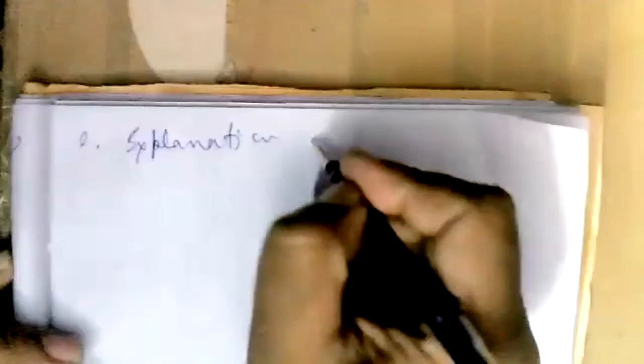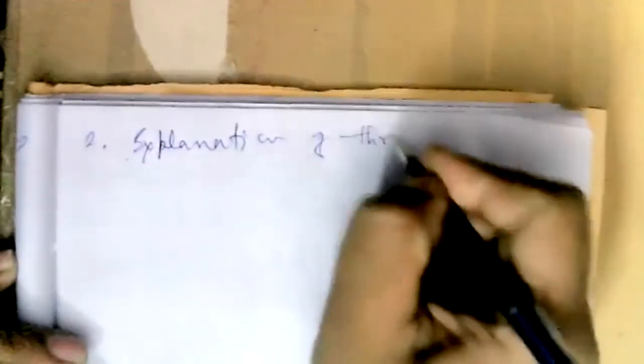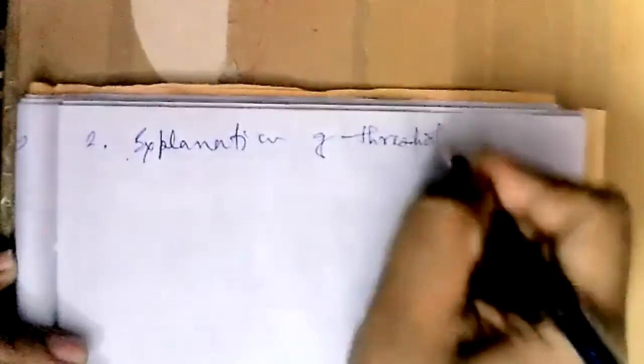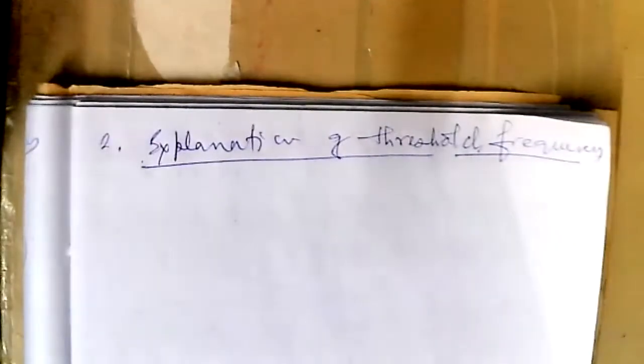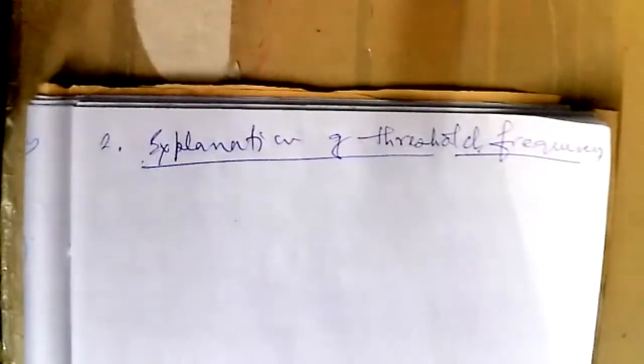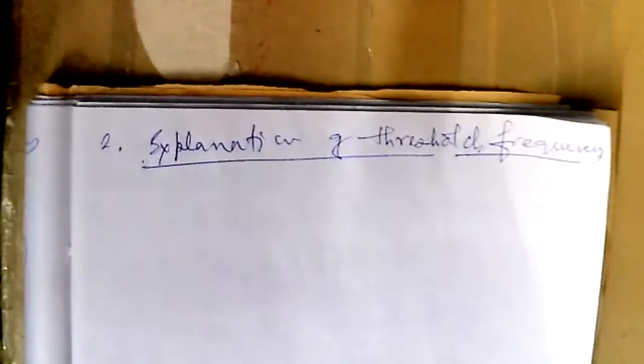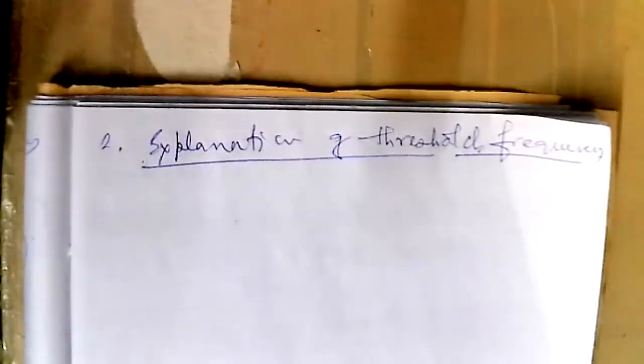Secondly, explanation of threshold, which was also not explained on the basis of wave theory of light.